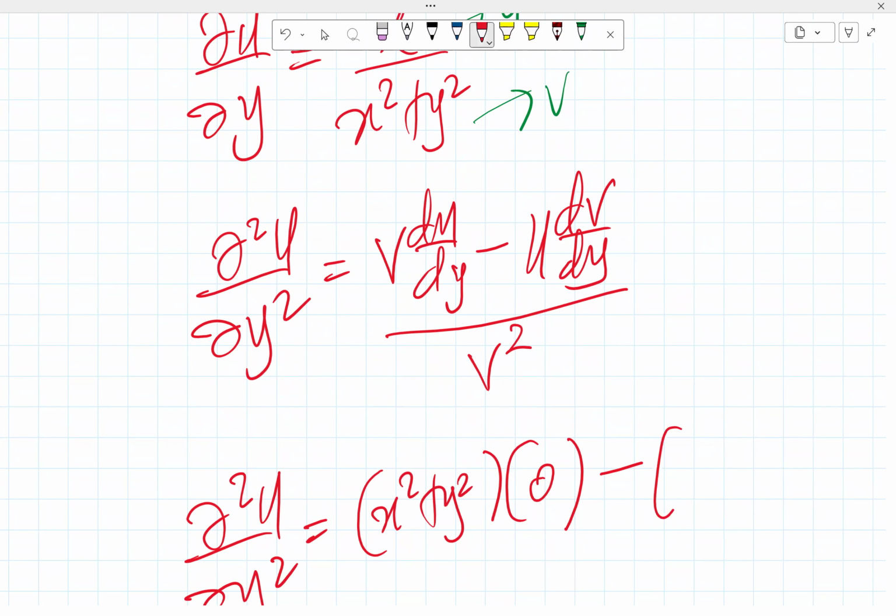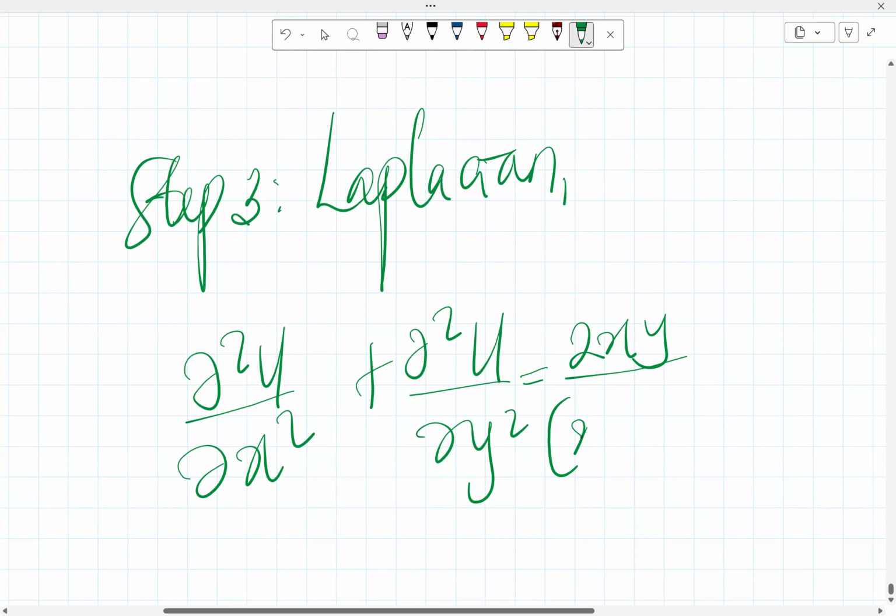So in step 3 now, we find the Laplacian, which means we are looking for partial squared u, partial x squared, plus partial squared u, partial y squared. From what we got already, partial squared u, partial x squared is 2xy all over x squared plus y squared, squared.